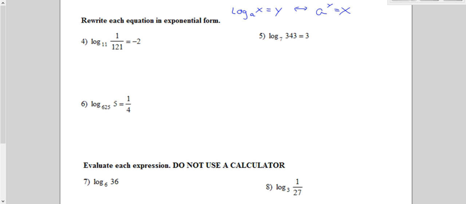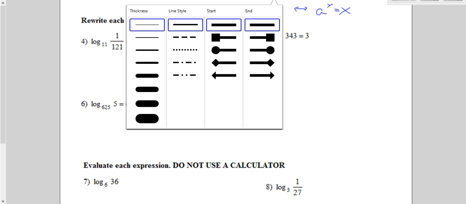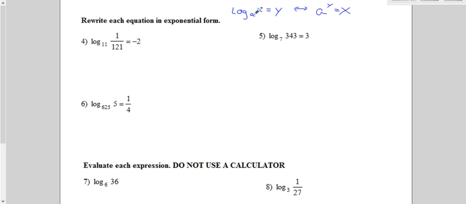And what we're going to do is follow the pattern. We're going to take the base number, a, raise it to the exponent of y to equal our x. Okay? So a to the y is equal to x.